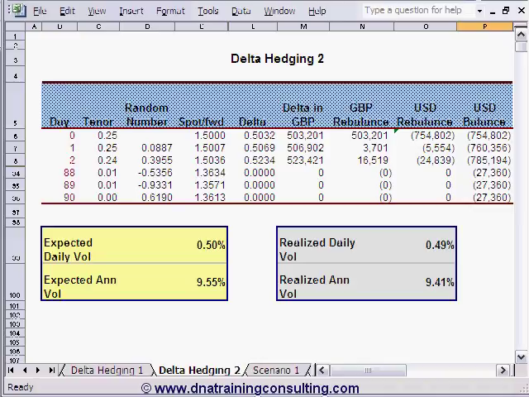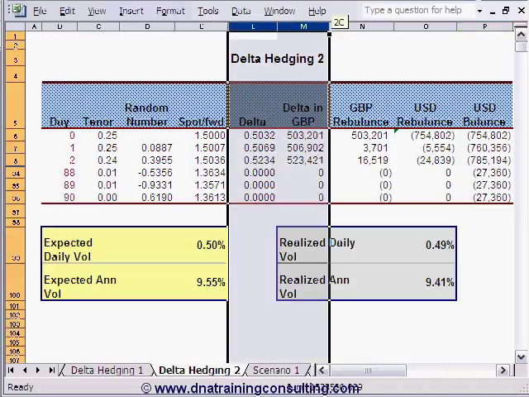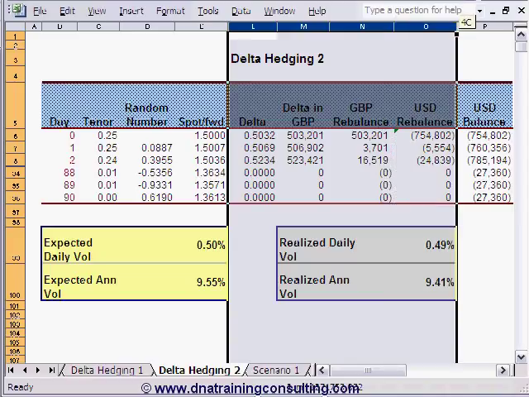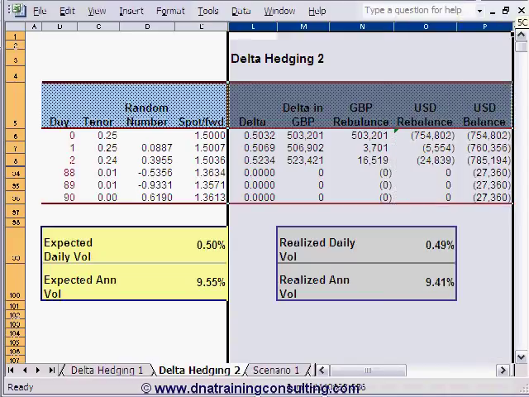We now turn to worksheet delta hedging 2, and more specifically to columns L, M, N, O, and P, where the real nuts and bolts of the delta hedging exercise are illustrated step by step.